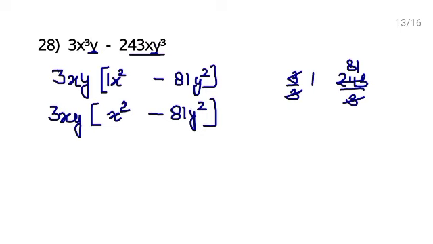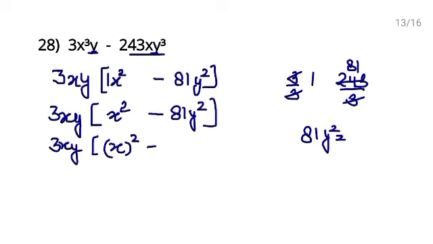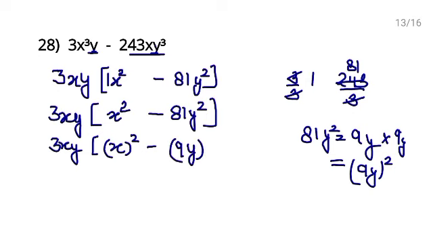So this is 3xy, this is x square. Let's see, 81y square can be written as 9 into 9, 81, y into y, y square. So this can be written as 9 into y whole square, 9y whole square, right?